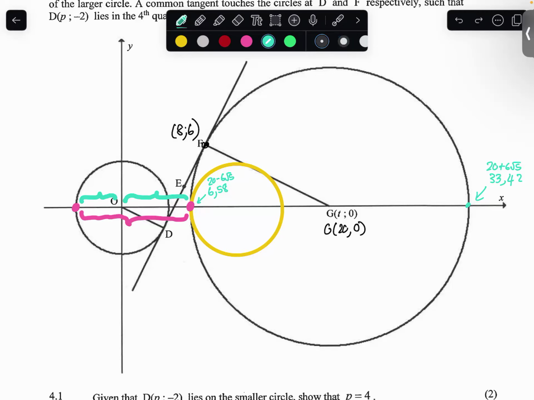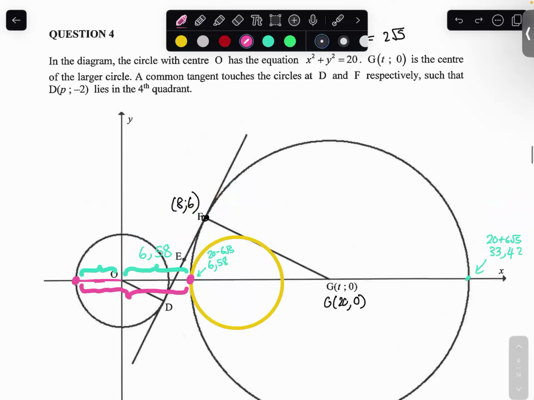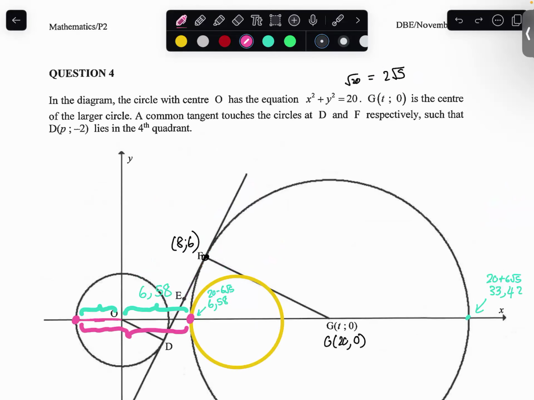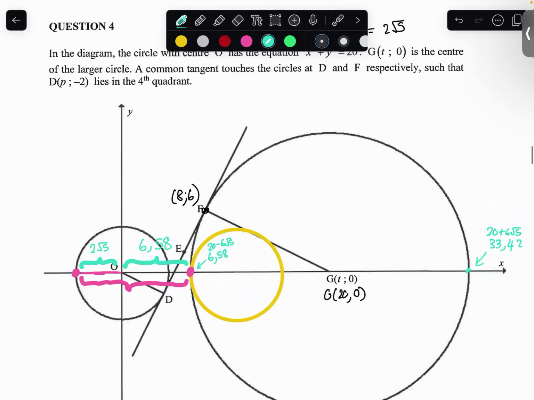So I know that this distance is 6,58, and this distance is the length of the radius of the smaller circle. From the center to the circumference, that's the radius of the smaller circle, which is 2 root 5. And so to get this total pink distance, it's that plus that. Keeping in mind that this is, when written in surd form, 20 minus 6 root 5.